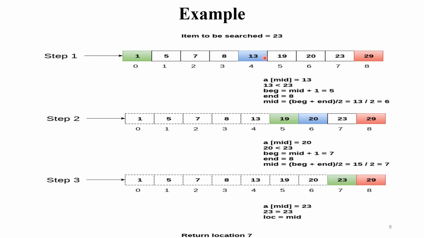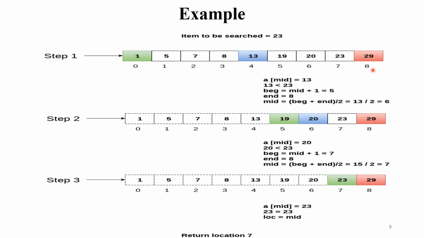Now we compare this middle element with our key. First, is 13 equal to 23? No. Is 13 greater than 23? No. But 23 is greater than 13, so we find this element, 23, in the right half.